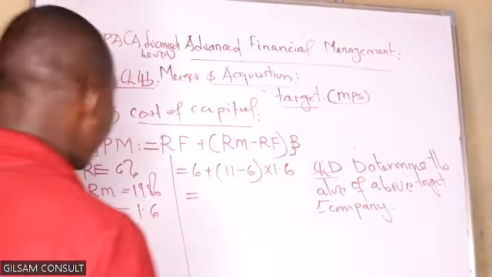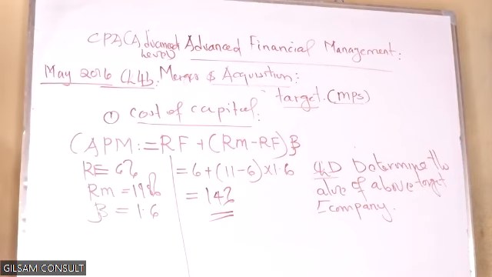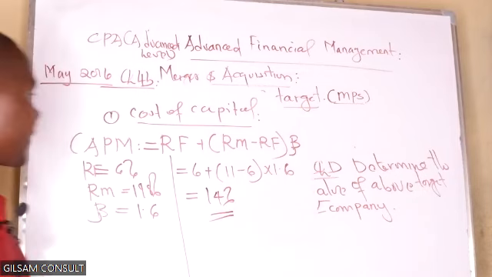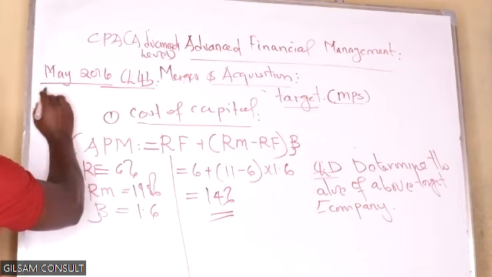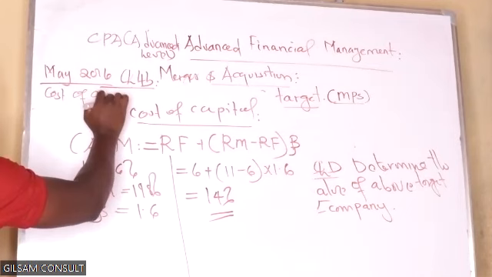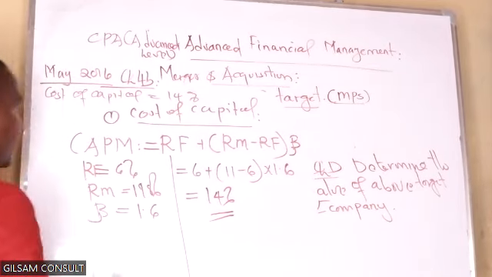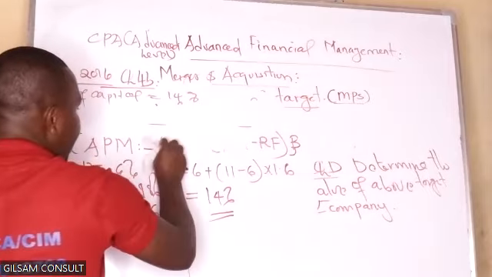So the cost of capital here is 14%. That is the first step. We have known the cost of capital, which is 14%.